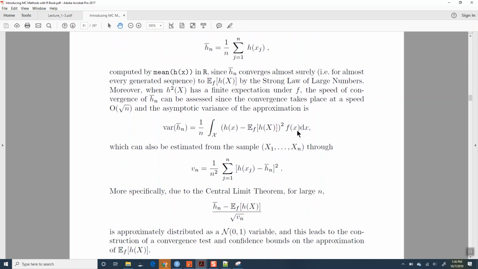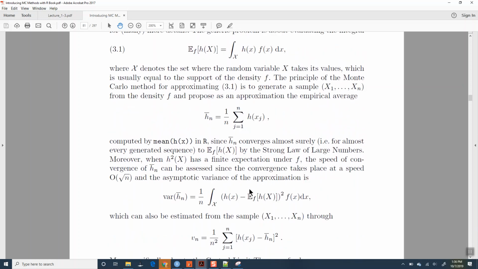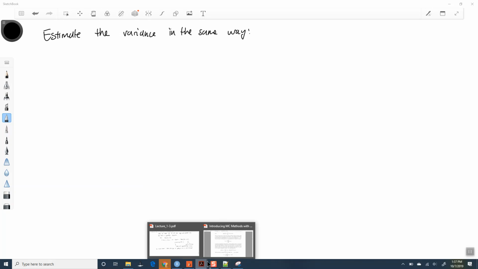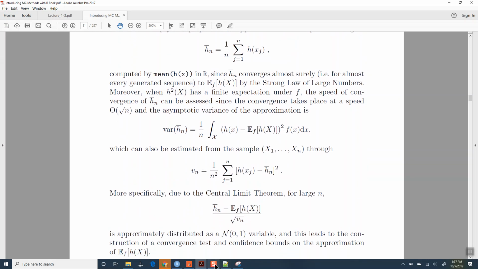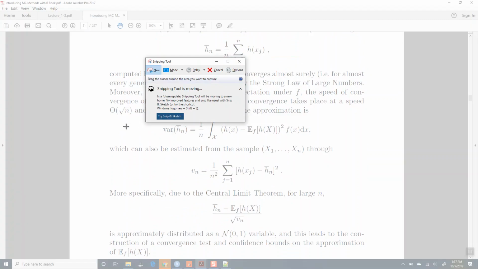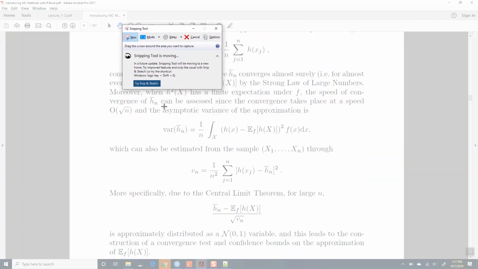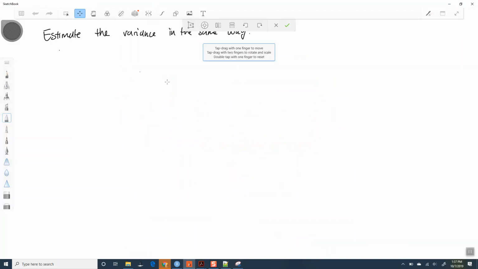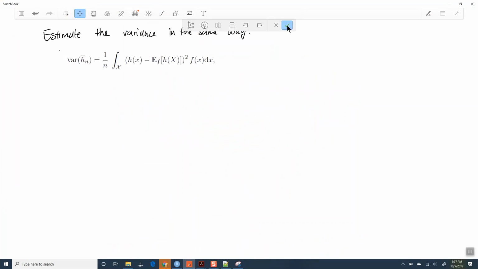We can estimate the variance as well, just by plugging in. I'll continue on here. Estimate the variance in the same way. So this is the variance, this is the true answer to get the variance. Okay, so this is how we get that.